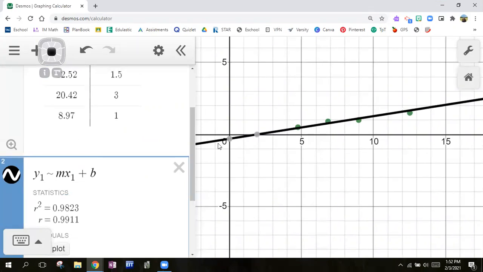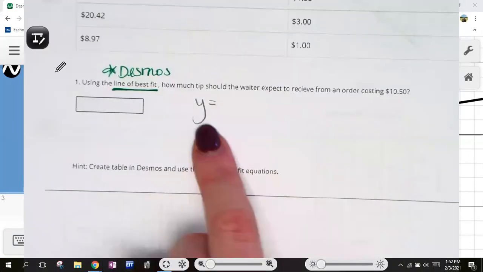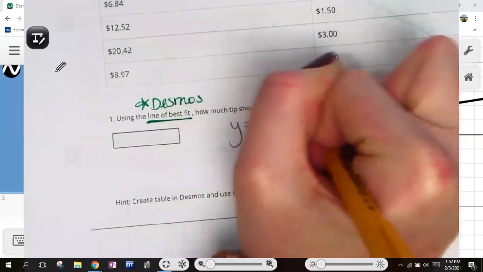All right, we can see that that line goes straight through the center of all of my data. It looks pretty good. All right, and then if we want to come up with that equation, we have to use that slope and that y-intercept value at the very bottom. Okay, so if I'm writing this down, I'm going to put y equals on my paper. We're putting it in that mx plus b format.